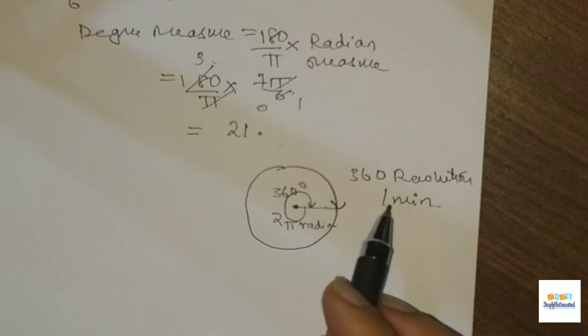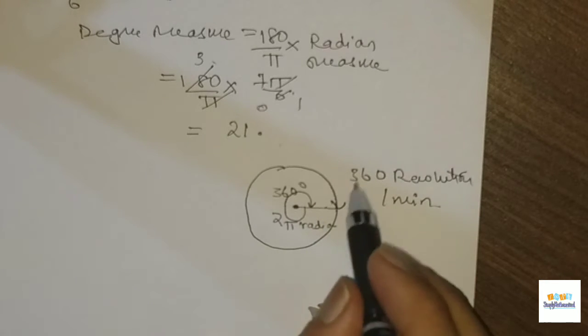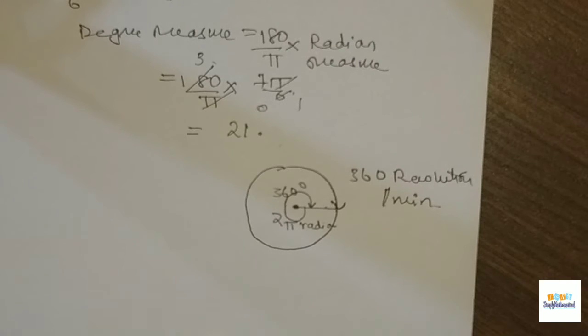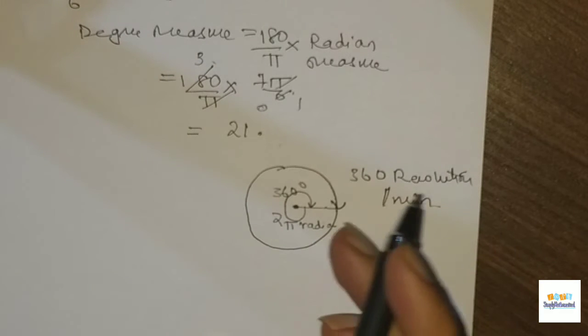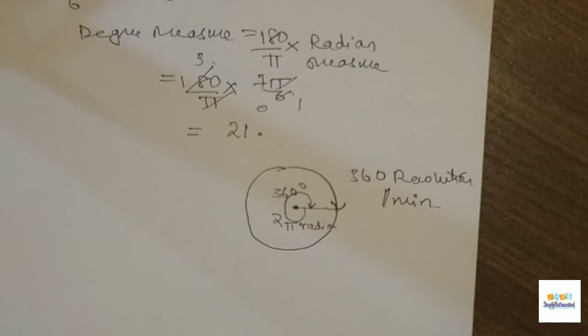Now the wheel is turning 360 times in 1 minute, it is told. Now through how many radians does it turn in 1 second? They are asking. So what we will do is, first we will find how many revolutions this wheel will take in 1 second.